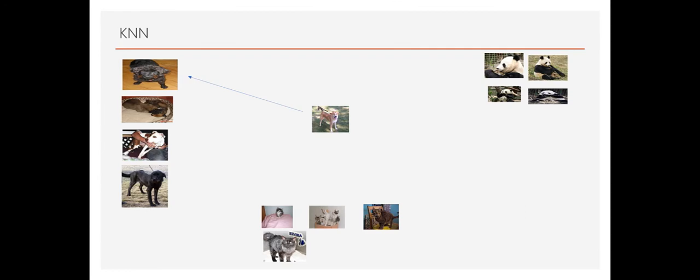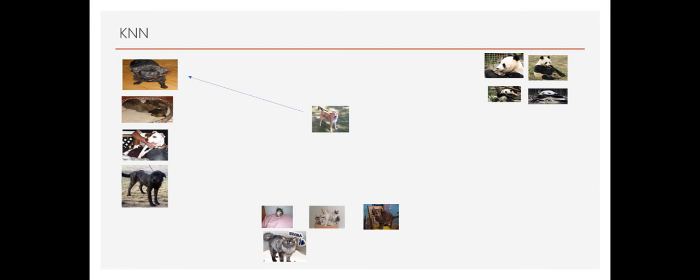Then you just compute the majority votes, and you declare that I am similar to the majority of my neighbors. So the whole idea behind KNN is, if you want me to tell you who you are, you need to tell me who your neighbors are, and then I can tell you who you are. I am basically deriving your label based on what your neighbors are telling me. That's the basic concept behind it.